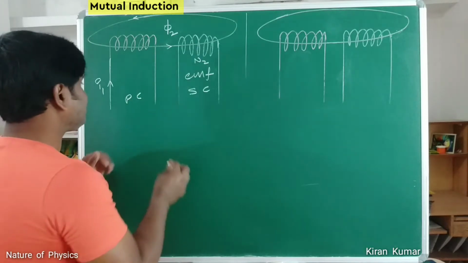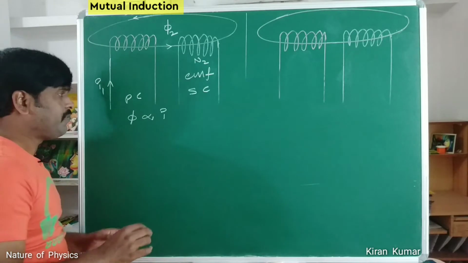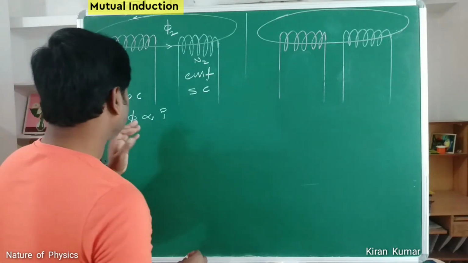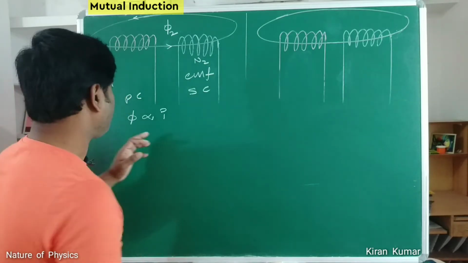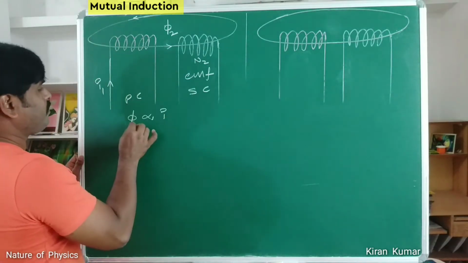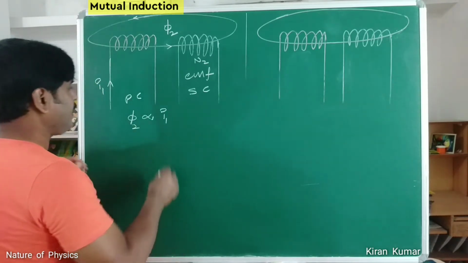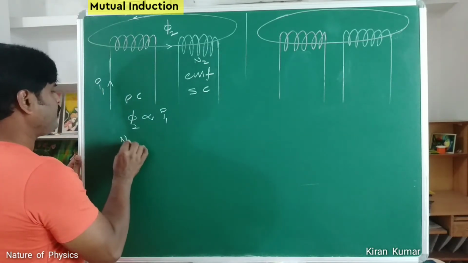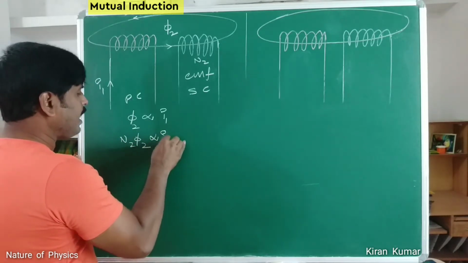The flux is always directly proportional to the current, because here the current changes, then the magnetic flux linked with the coil also changes. So the flux is phi2, the current is I1, and N2 phi2 is directly proportional to I1.